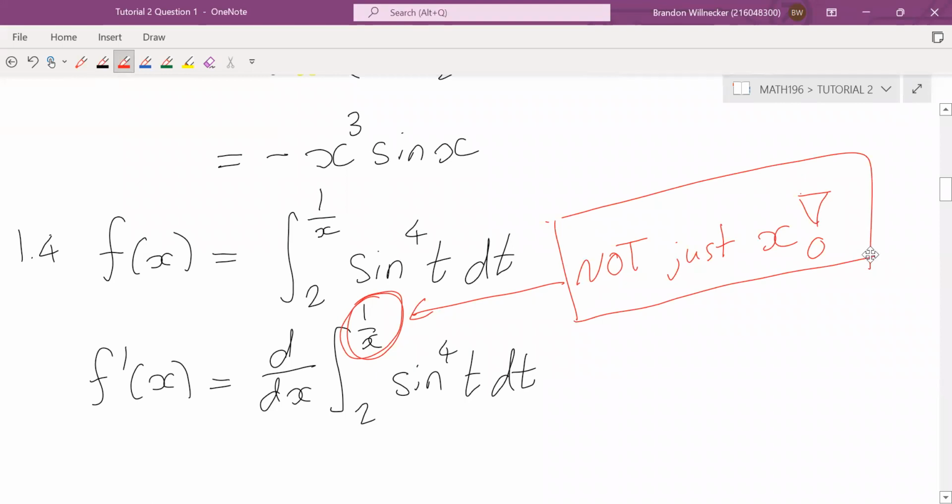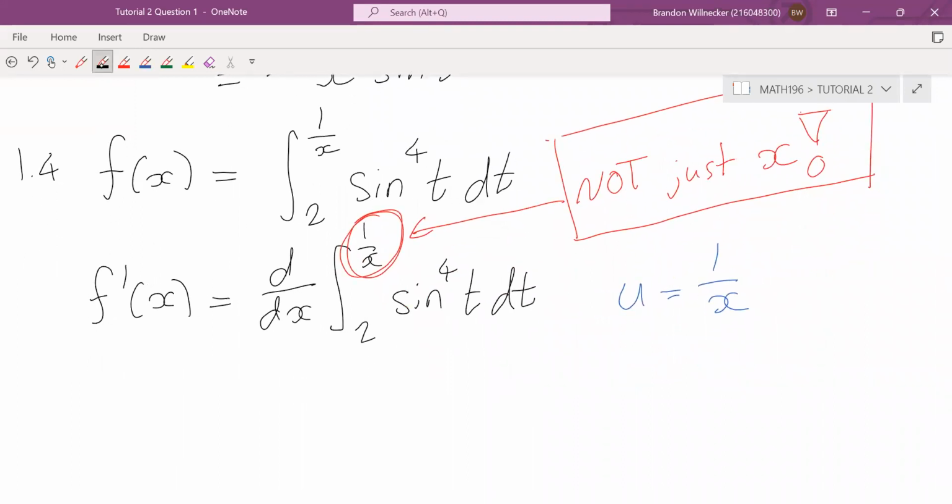So what we need to do is a little substitution so that the upper bound is just a single variable. The way we do that is we say u is equal to 1 over x. Now we need to use the chain rule.